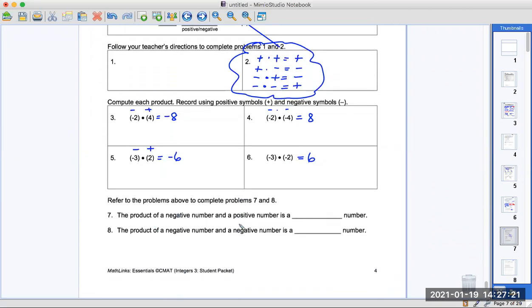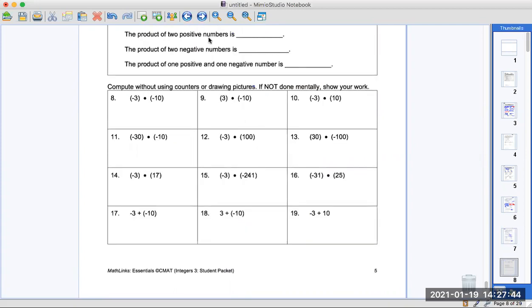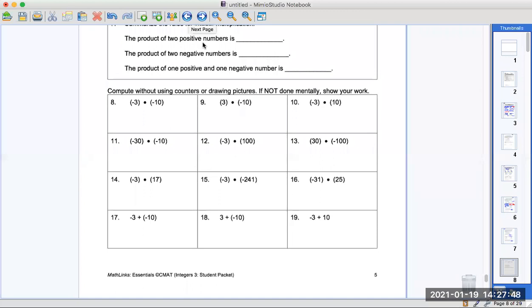The product of a negative number and a positive number is a negative number. The product of a negative number and a negative number is a positive number. So that's kind of the whole idea of multiplying numbers. And by the way, the same rule applies when you divide them, okay? So this was page 4. Then this is your page 5, which is your homework.